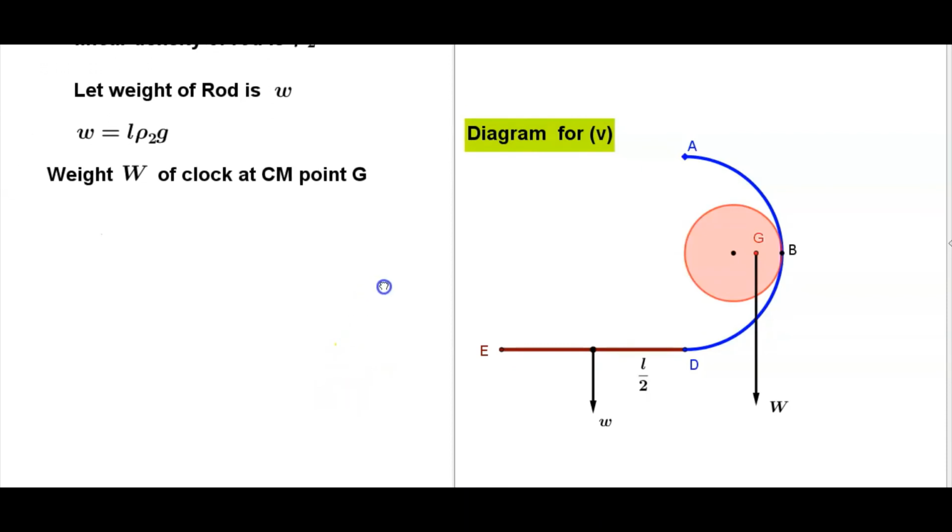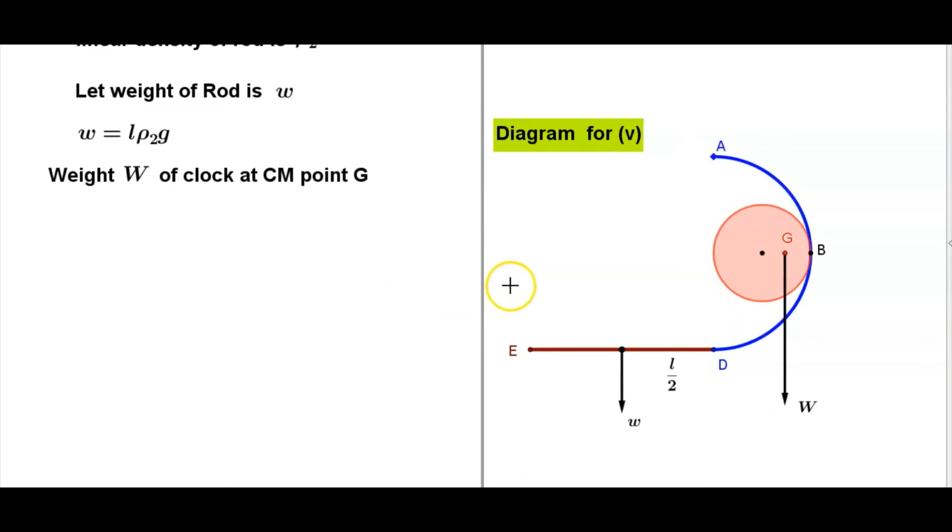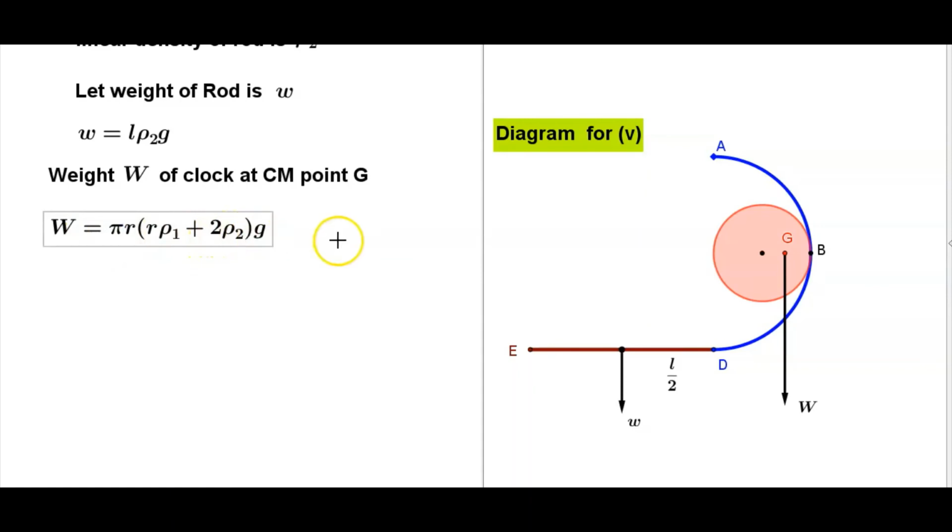Weight W of the clock acts at the center of mass, point G. Therefore, this capital W is equal to pi r into (r rho 1 plus 2 rho 2) into g. We proved it in the previous part.